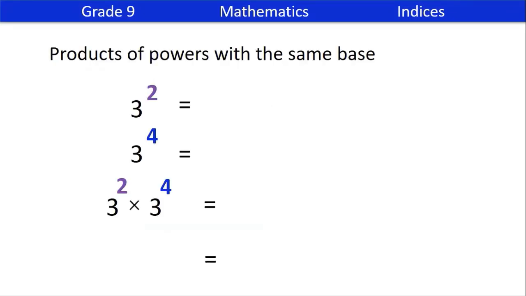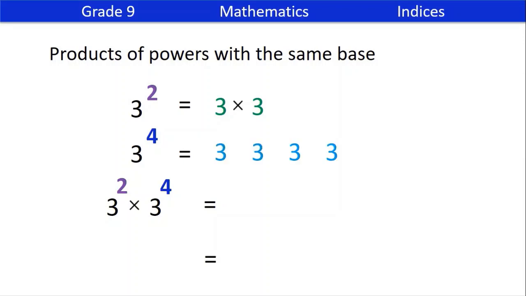Let's learn the first concept in the lesson, products of powers with the same base. Here we can see the first power is 3 to the power 2. So 3 to the power 2 can be written like this, and here we can see the second power is 3 to the power 4.